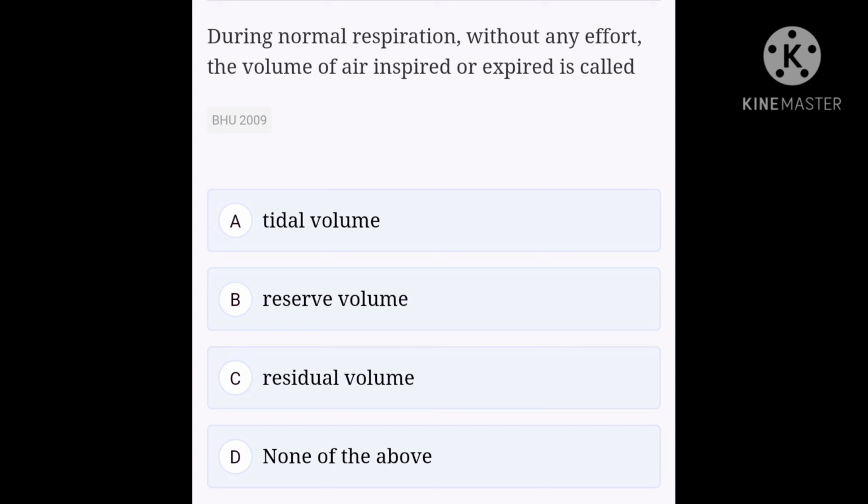Expiratory reserve volume is the largest volume of air which can be expelled from the lungs during maximal expiration. Residual volume is the volume of air remaining in the lungs after forced expiration, and at last the right option is A, tidal volume. Okay, A is the right answer. Next question.